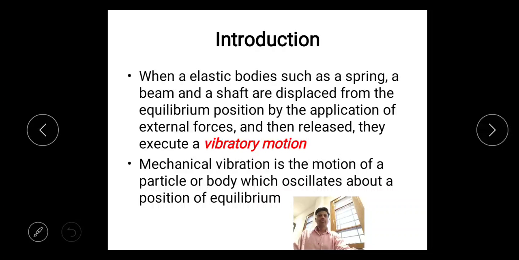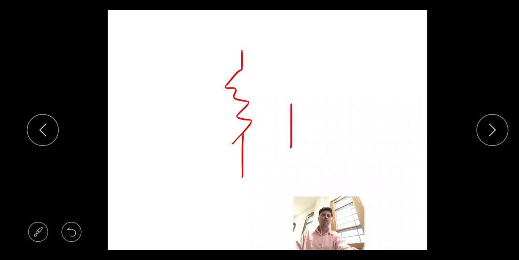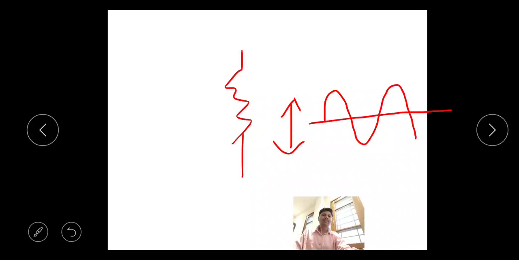Okay. So we have just started with what is vibration. What do you mean by vibration? If you take any example, any elastic body or a shaft or a disc, okay, if you consider a spring and if you just pull it, what it will do is a to and fro motion, which can be given by this graph from this mean position.